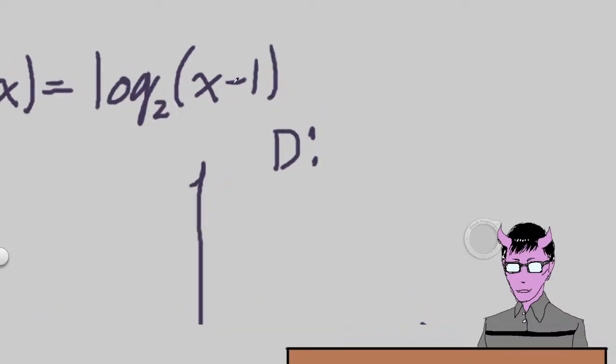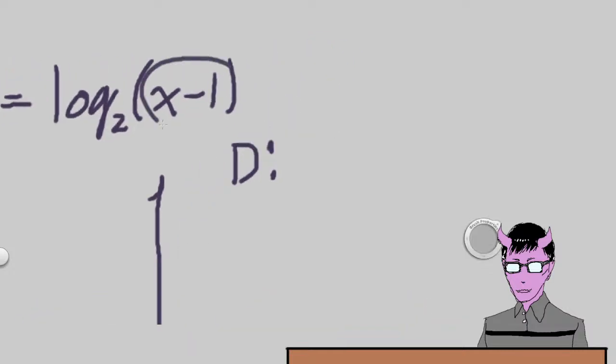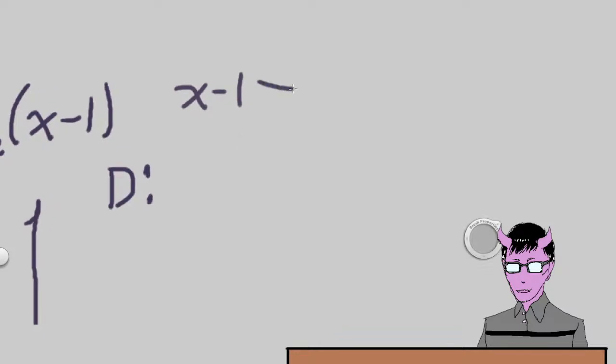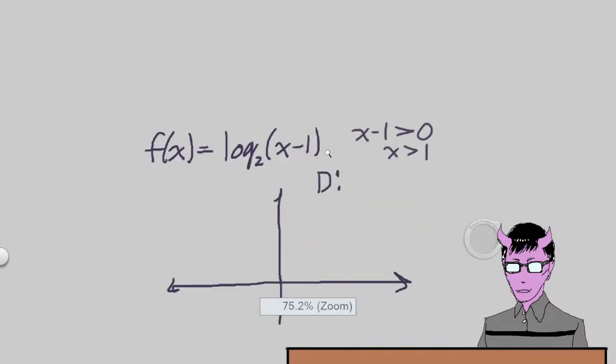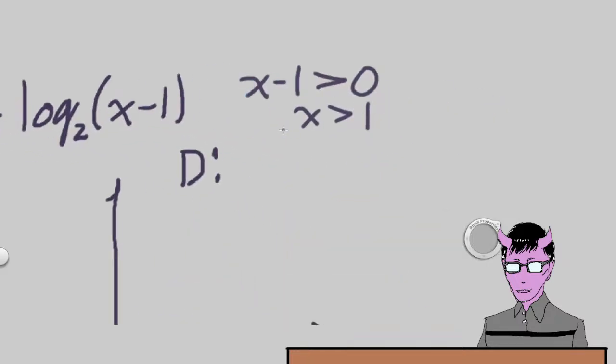There's a very easy way to set that up. All we have to do is take this x minus 1 and say it always has to be greater than 0. Then you solve for x, plus 1 on both sides. No matter what we put into the x values, whatever we put in must be greater than 1.